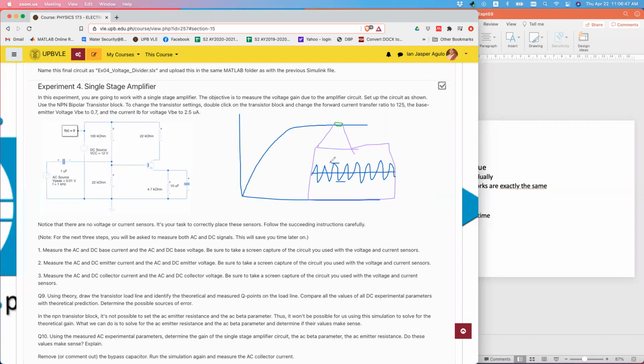And you also have to estimate the peak to peak, or if you want just the peak, to get the AC component. Okay, so that's two signals, a DC and an AC component, one on top of the other, superimposed.